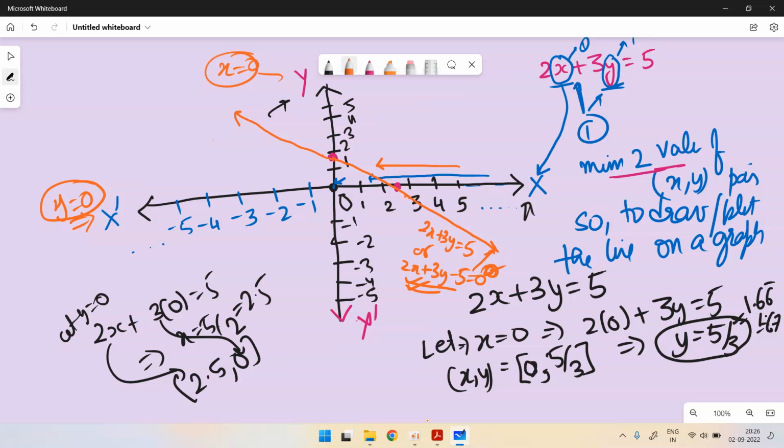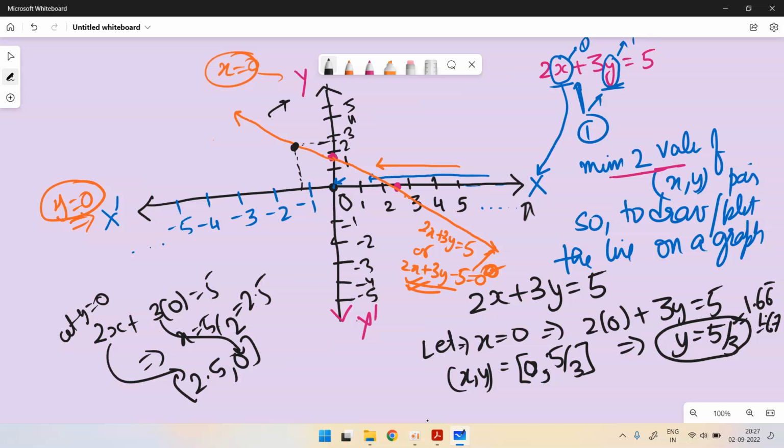Now suppose here x is negative of something, y is negative of something, this point is here. So you are getting infinite values of x and y for this solution, 2x plus 3y equal to 5.